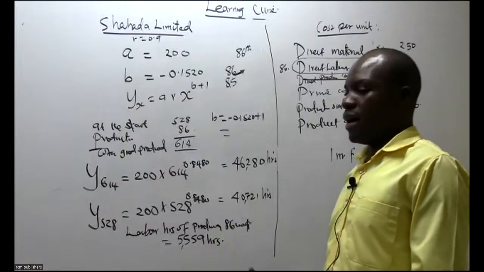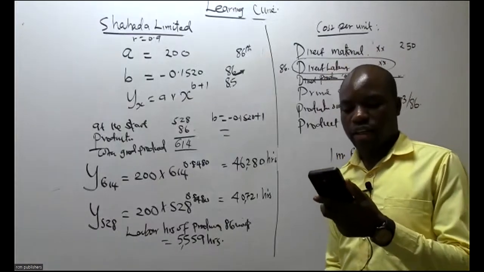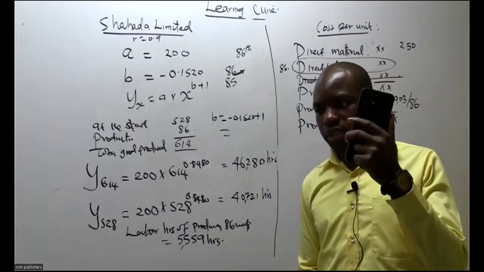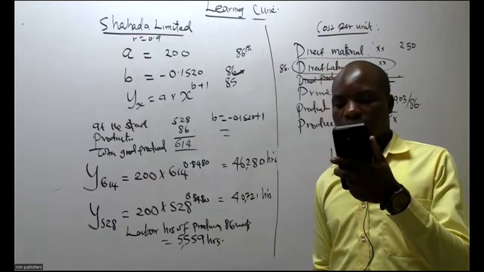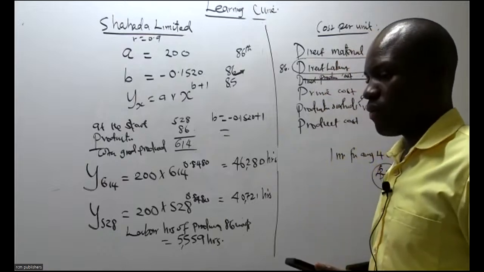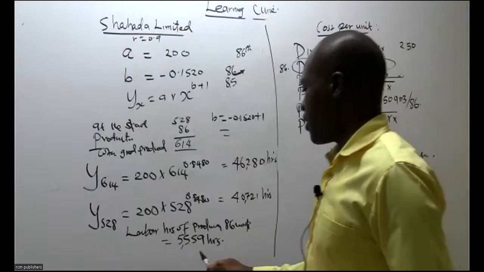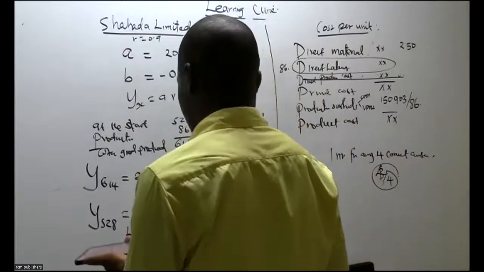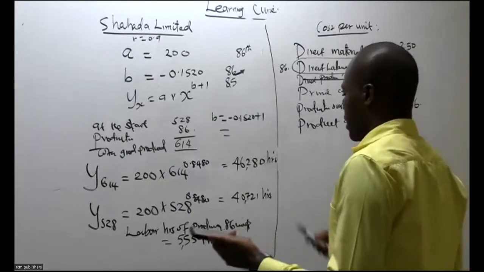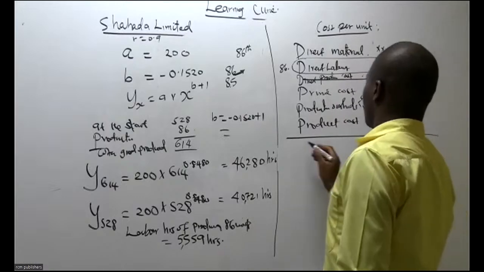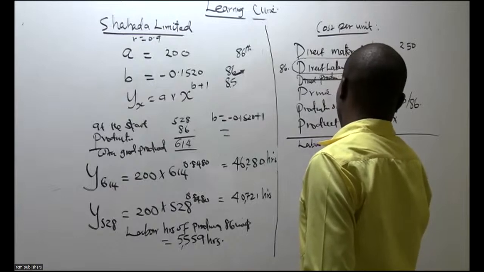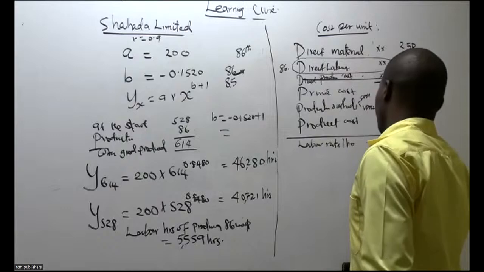Now we have 559 labor hours. Look at our additional information number 2: the standard labor cost per hour. The labor rate per hour we are given there as 10 shillings.